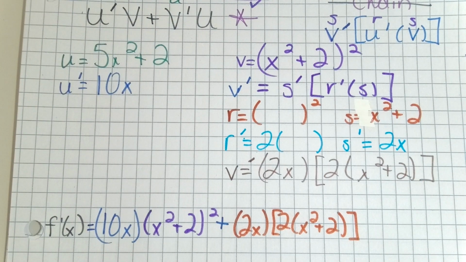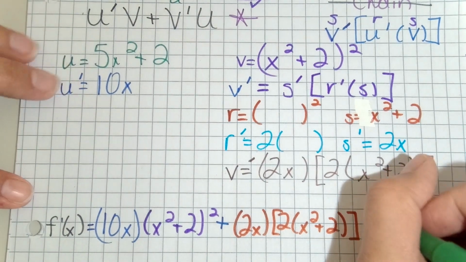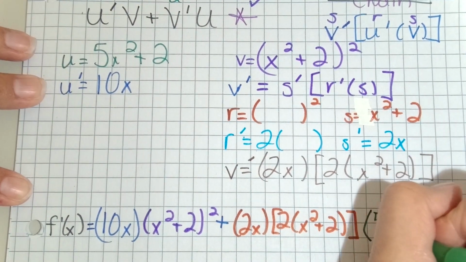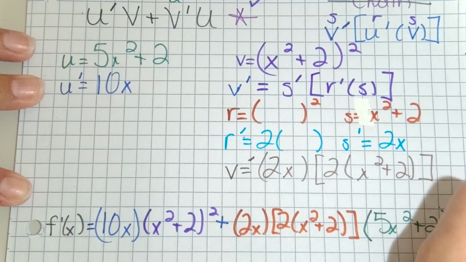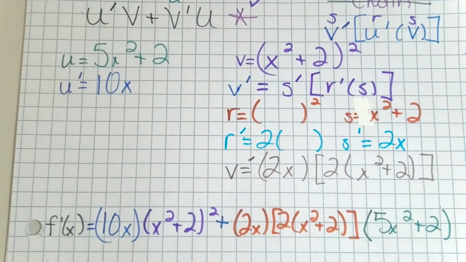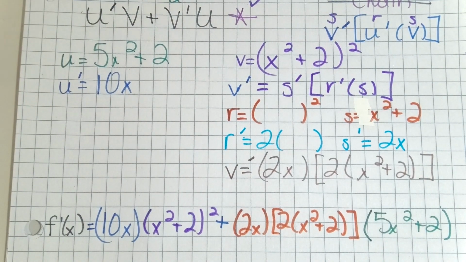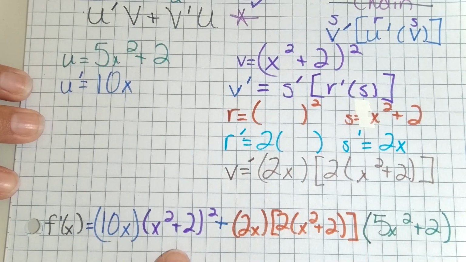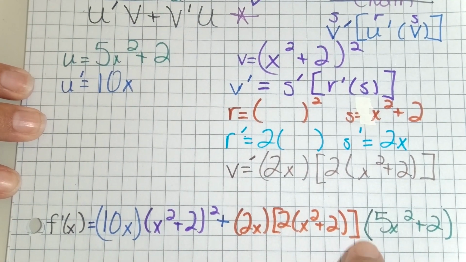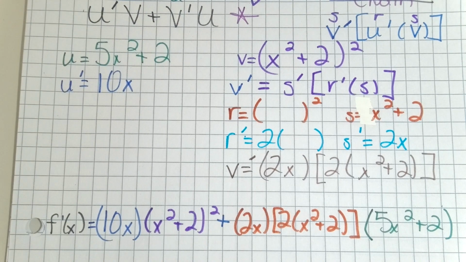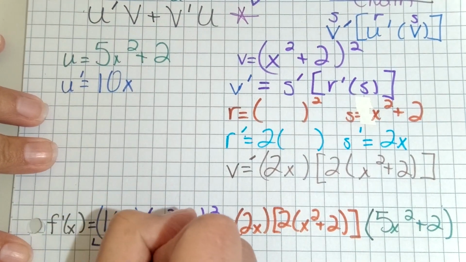Lost my train of thought already. U. Yeah. Okay, I think that's right. U prime, v, v prime, u. Yes. Okay. I'm going to label these now so you can see where it's coming from or where it's going.